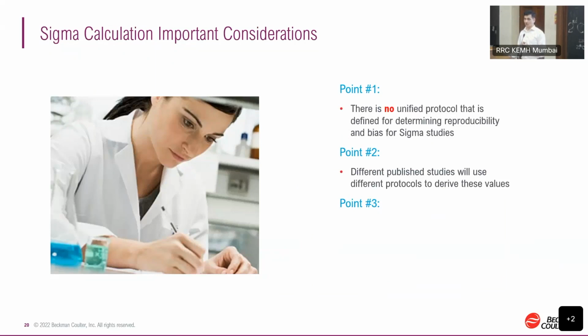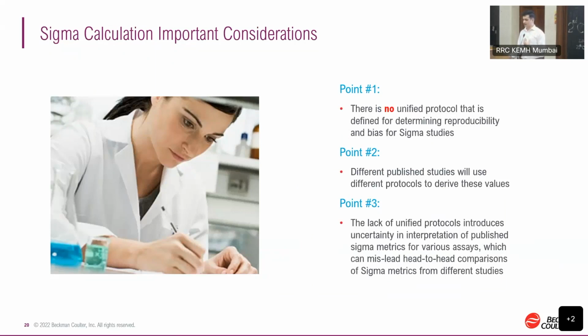Different publications or studies say different protocols, and eventually you get different sigma metrics. This lack of unified protocols leads to uncertainty in the interpretation of published sigma metrics for various assays, which may have different outcomes, and this can distort your sigma values or the quality standards we are talking about.